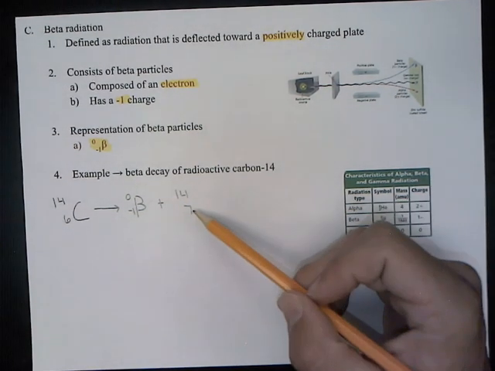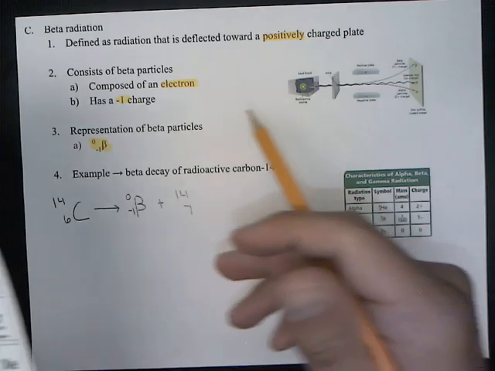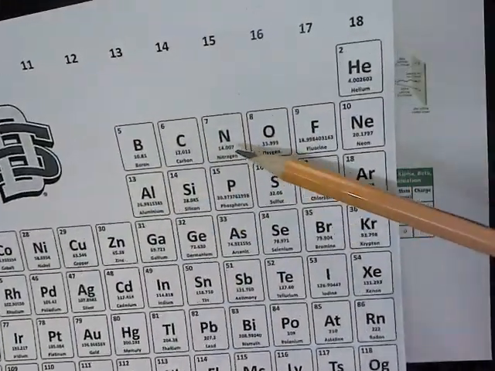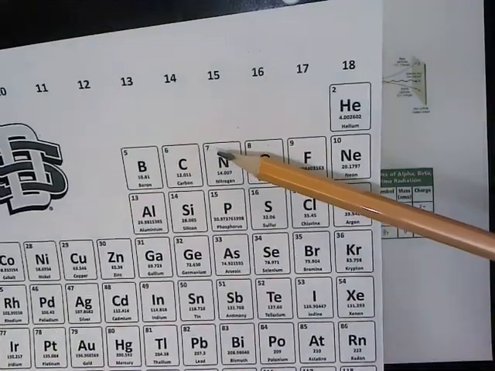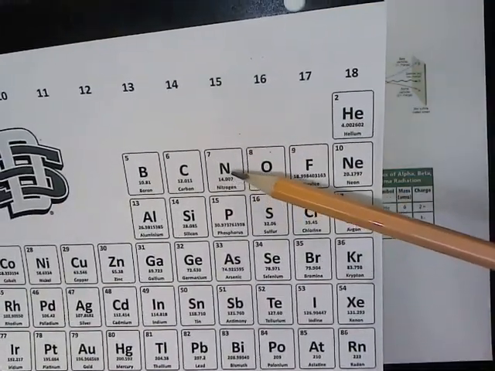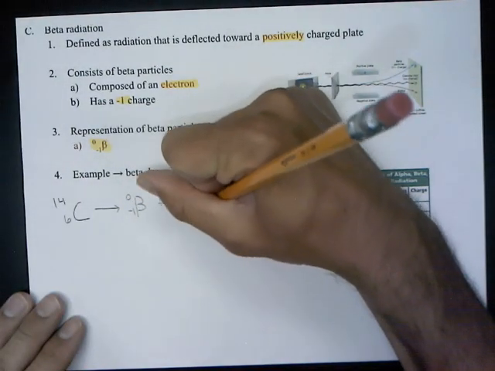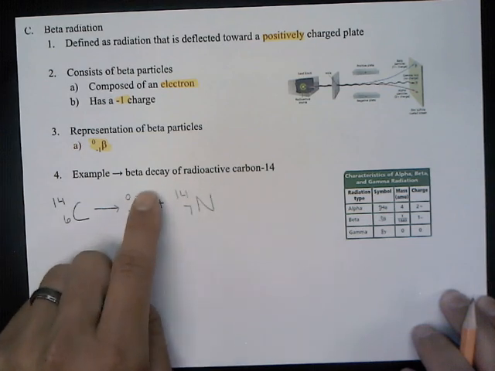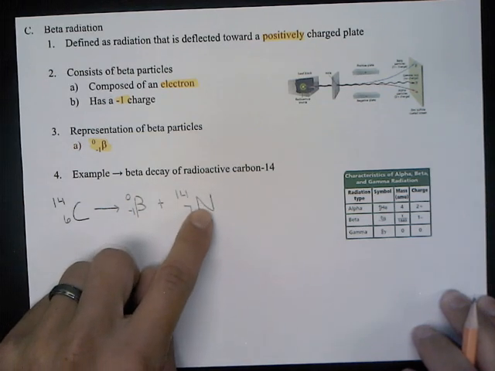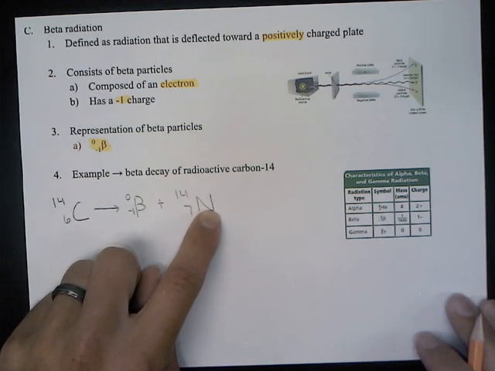So we look for the atomic number of 7 in our chart. It's located right here on the periodic table, and it's the symbol N for nitrogen. So carbon-14 going through beta decay has decayed to nitrogen-14.